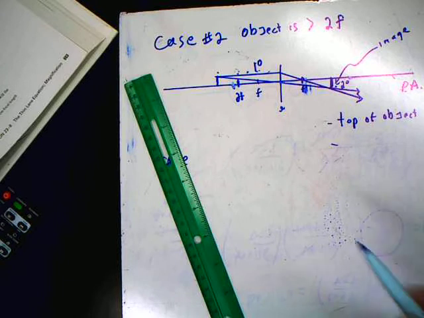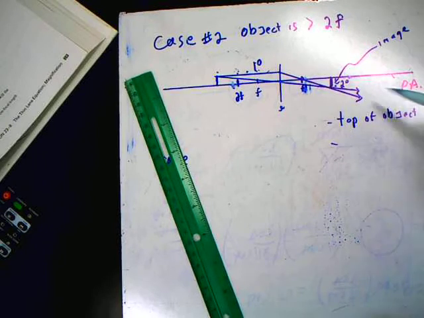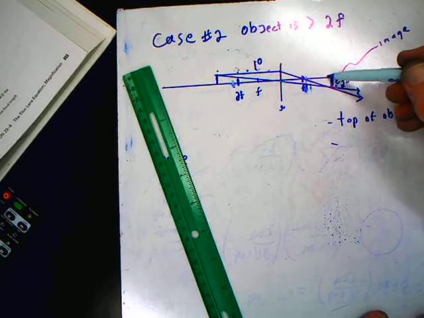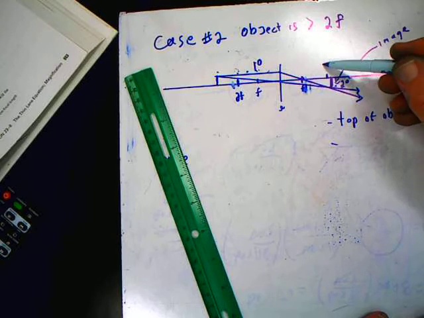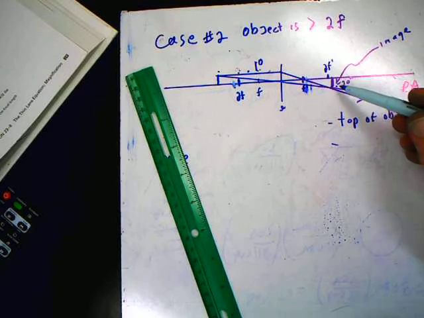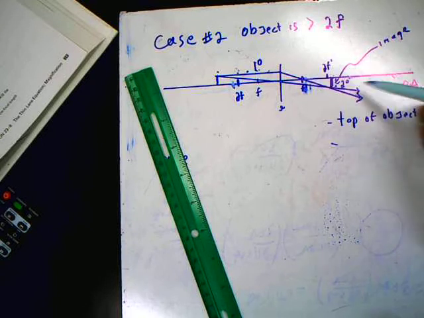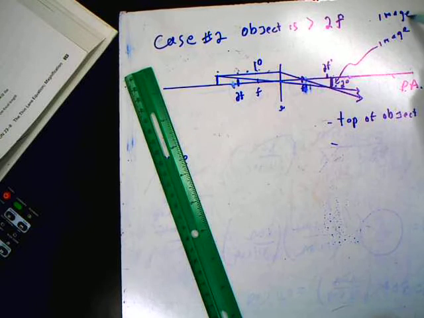But we have the lens maker's equation coming up to give you the exact answer. Anyways, if this is F and this is 2F prime, the image is beyond 2F prime. The image distance is greater than 2F prime.